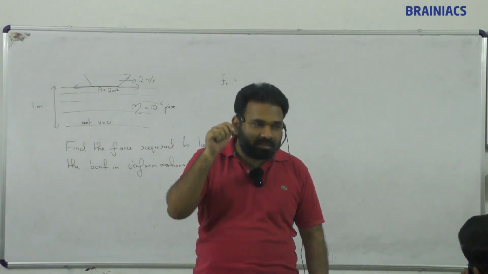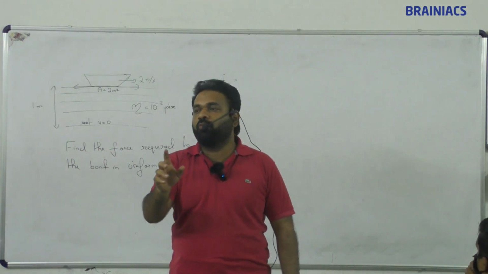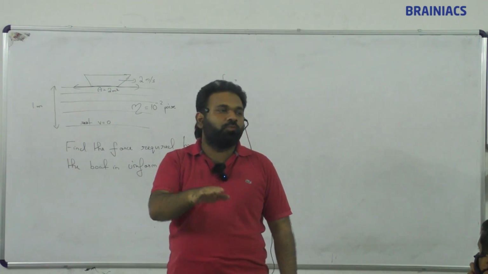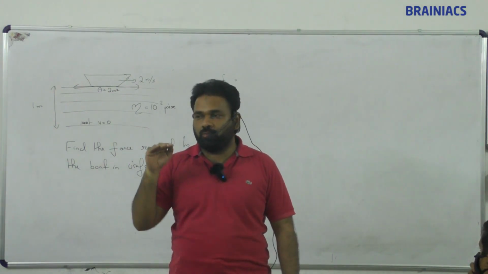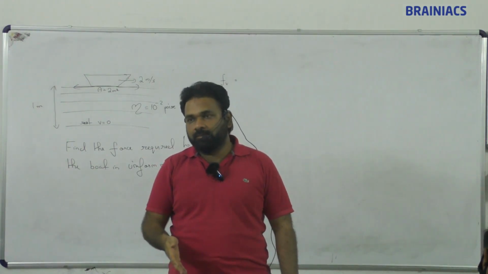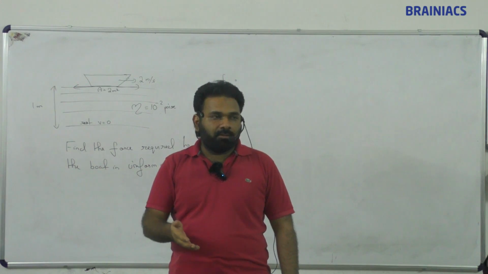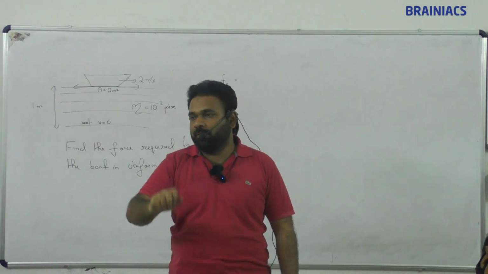Since friction is there, we are applying force to make the car move at maybe 5 meter per second. Suppose the car or bike is moving at 5 meter per second, friction is there on earth, air friction is there, body friction is there. That is the reason we have to apply force.